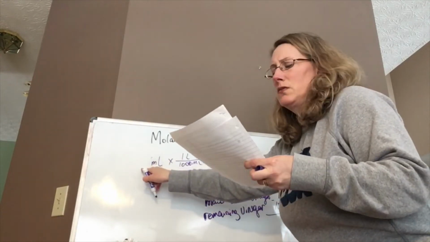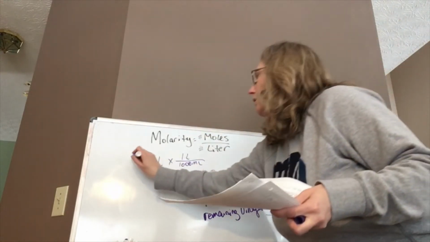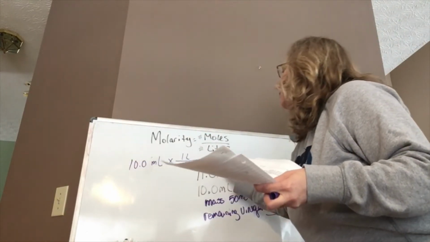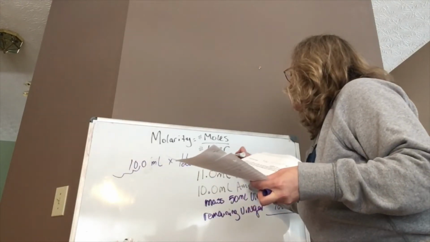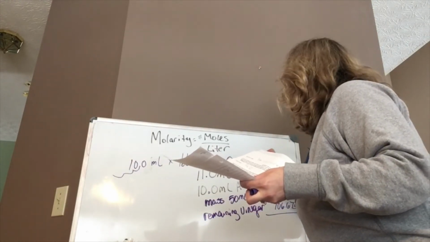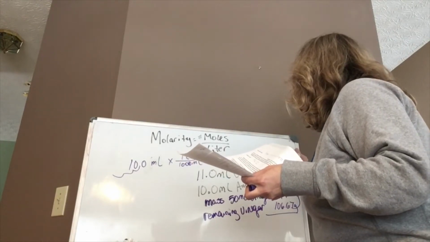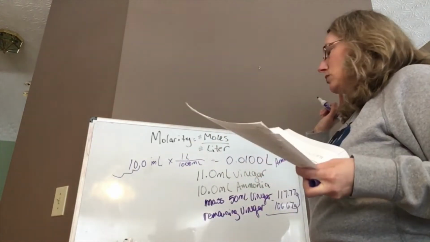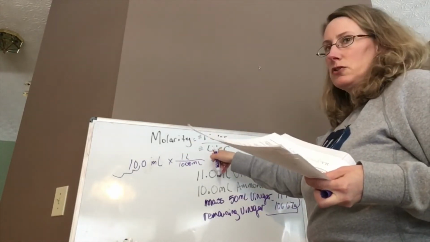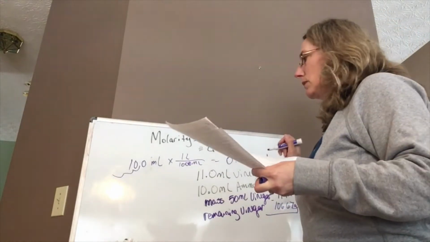So how many milliliters did we have of ammonia? 10.0. So divide that by 1,000. So 0.0100 liters of ammonia. Okay. So when you're doing molarity, you need to know how many liters you have, not how many milliliters you have. Just remember to do that conversion.